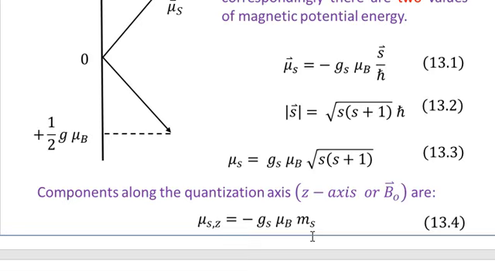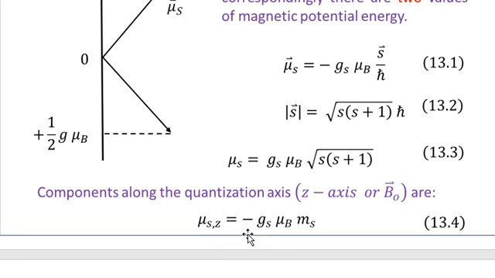It means that now we have applied the magnetic field B naught to the atom, and in that case, the spin magnetic angular momentum will have only the sz component, and the sz component has only the value ms times h bar, and h bar will be cancelled out with the h bar in the denominator in equation number 1, and we only have ms in the numerator, which I have shown in equation number 13.4.